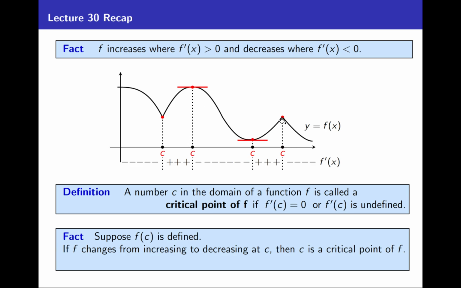And the same if f changes from decreasing to increasing at c, then c has to be a critical point of f. Changing from decreasing to increasing, it happens at a critical point. All of this is the main content of lecture 30.